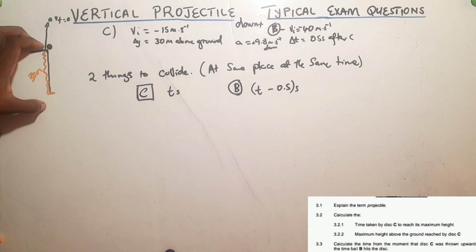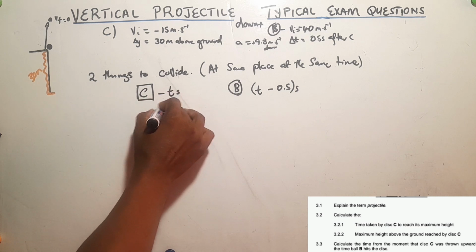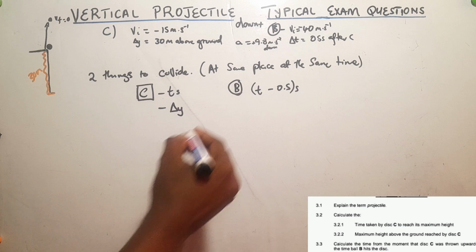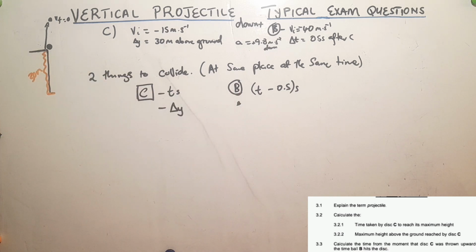So this one was thrown at 30 meters above the ground, right? So any position it reaches can become changing y. So any distance that it will reach, it will be changing y. But how can we write this now in terms of that? So already we can see that this is already 30 meters above the ground, and this one is on the ground.